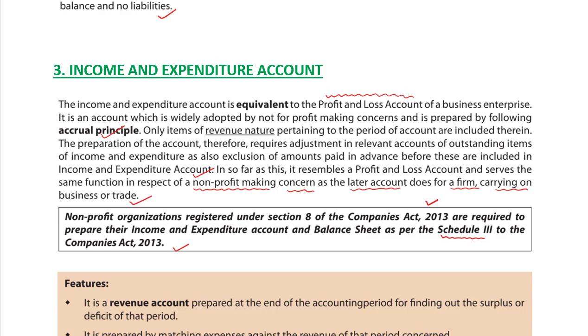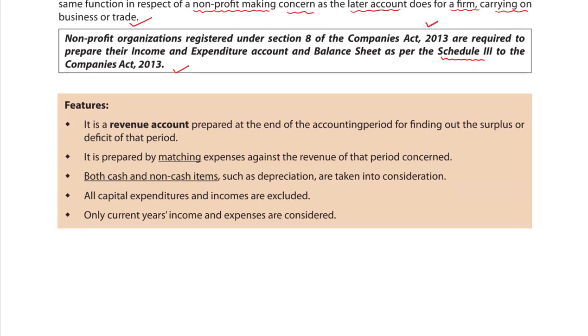Let us learn the features of income and expenditure account. It is a revenue account prepared at the end of the accounting period for finding out the surplus or deficit of the period. So in this account we don't have profit or loss. Instead of profit we have surplus, and instead of loss we have deficit.